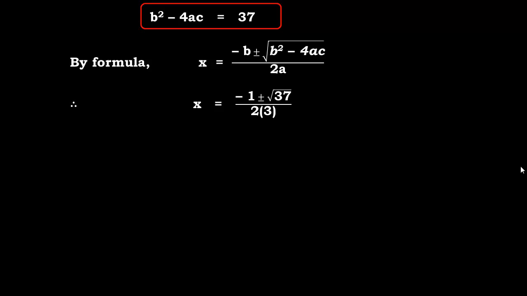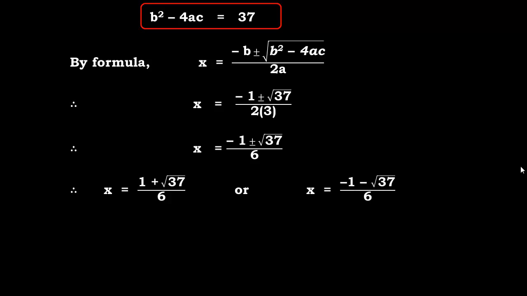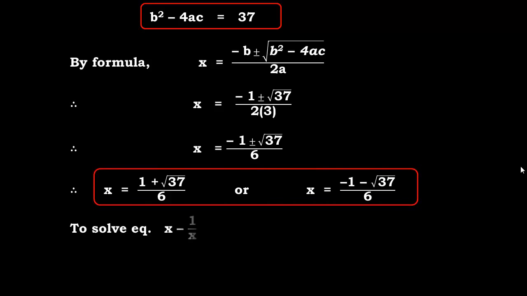So you will get x is equal to minus 1 plus minus root 37 upon 6. So we can write the answer x is equal to minus 1 plus root 37 upon 6, or x is equal to minus 1 minus root 37 upon 6. So in this way we have the first two values of x.